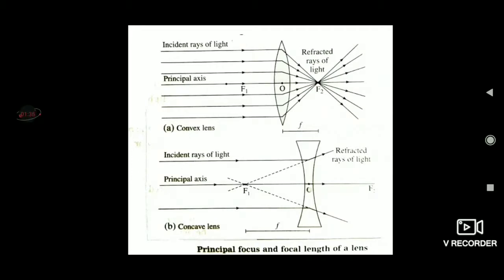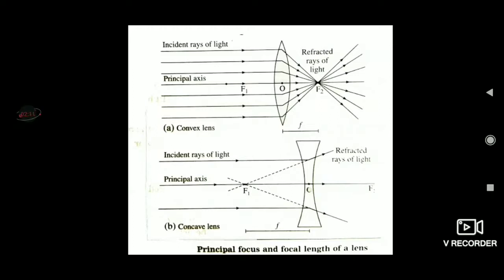Now, if similar rays parallel to the principal axis fall on the concave lens, then they will appear to diverge from a point, and this point on the principal axis is called the principal focus of the concave lens. That's why convex lens is known as converging lens and concave lens is known as diverging lens.